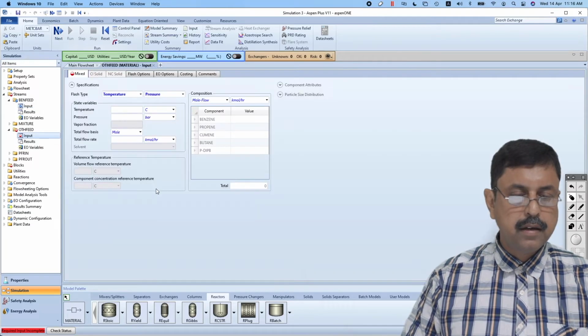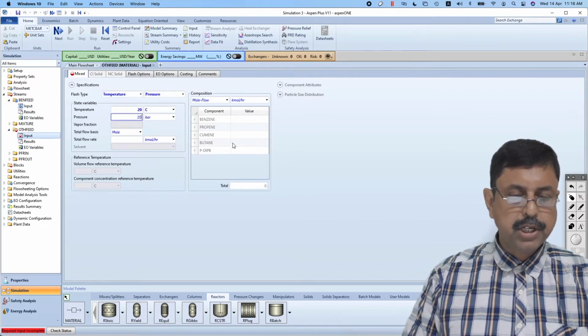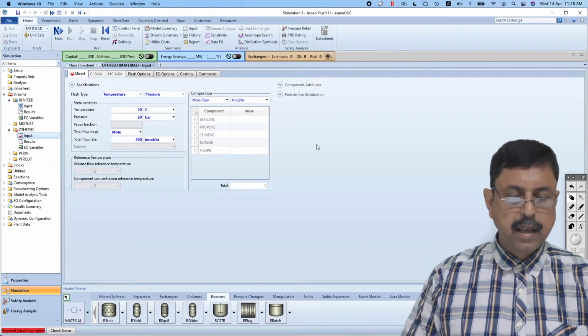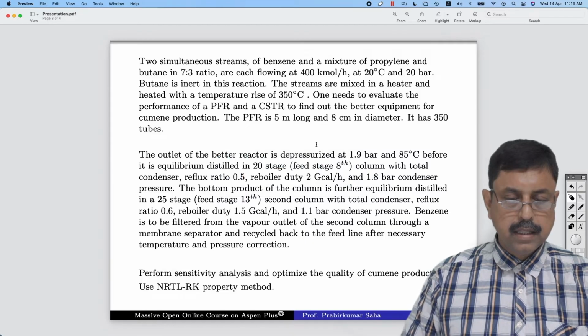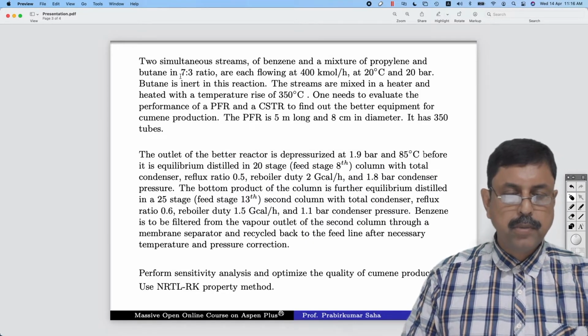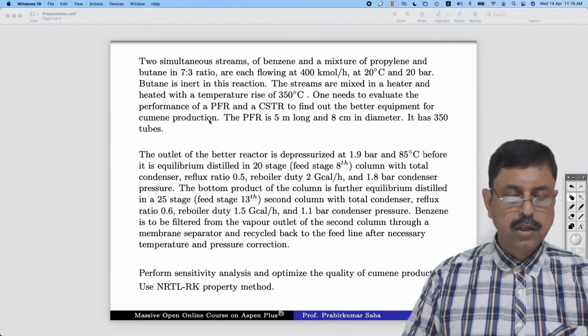And then other feed, that is also 20 degrees centigrade, 20 bar pressure, and molar flow rate 400, but they are in 7:3 ratio for propylene and butane.